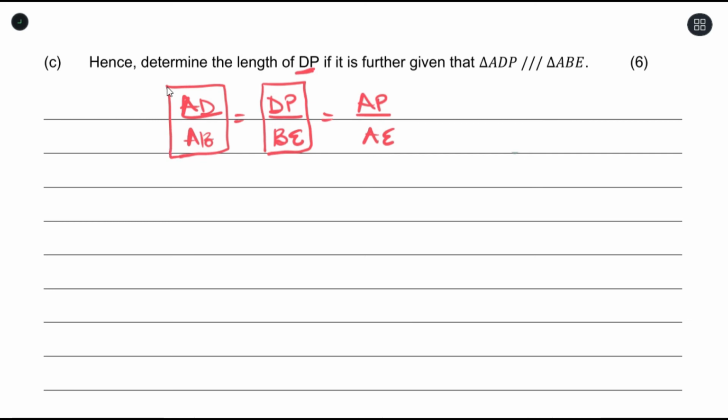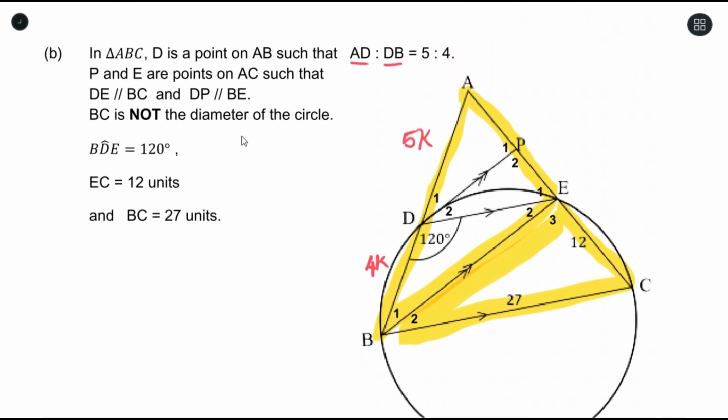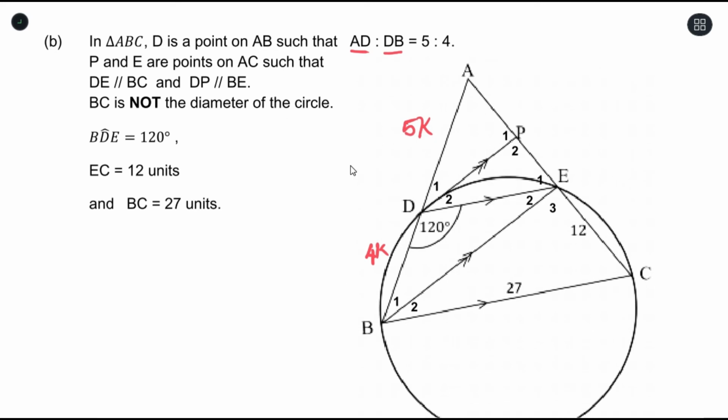This one here is not really important, so we can leave this out for now. We'll just focus on these two over here. Starting with AD over AB, let's clean this up first of all. We understand that AD is 5K, so AB would be 9K. So the ratio is 5/9.